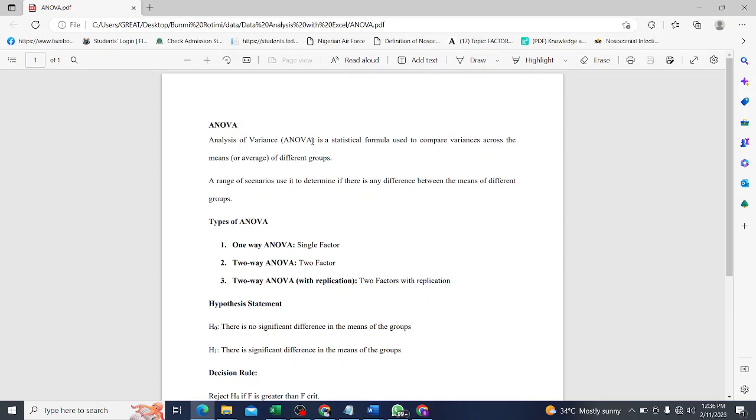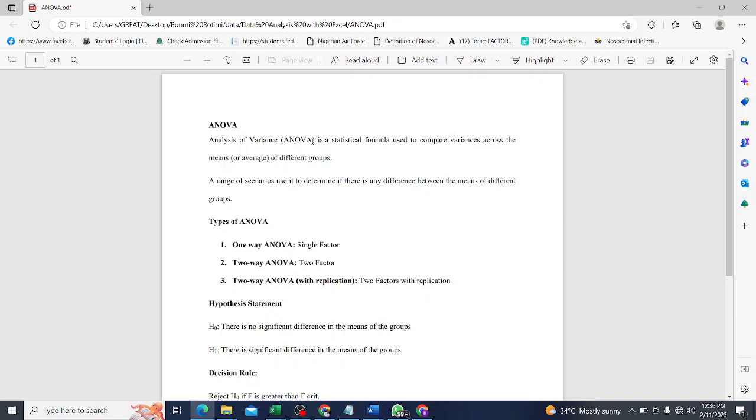We have the one-way ANOVA, or the single factor analysis of variance. Then we have the two-way ANOVA, which is two factors, and then we have the two-way ANOVA with replication, that's two factors with replication. In this lesson, I'll show you how you can analyze the three types of ANOVA using Excel.